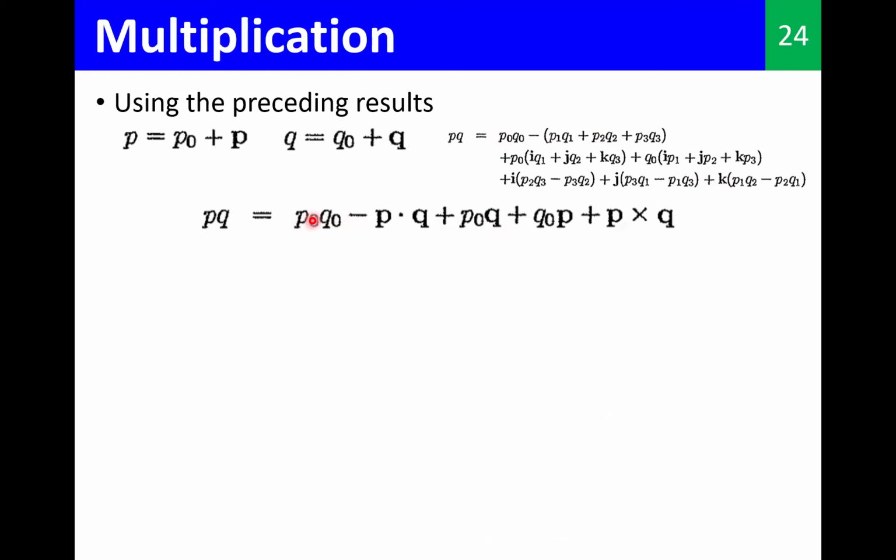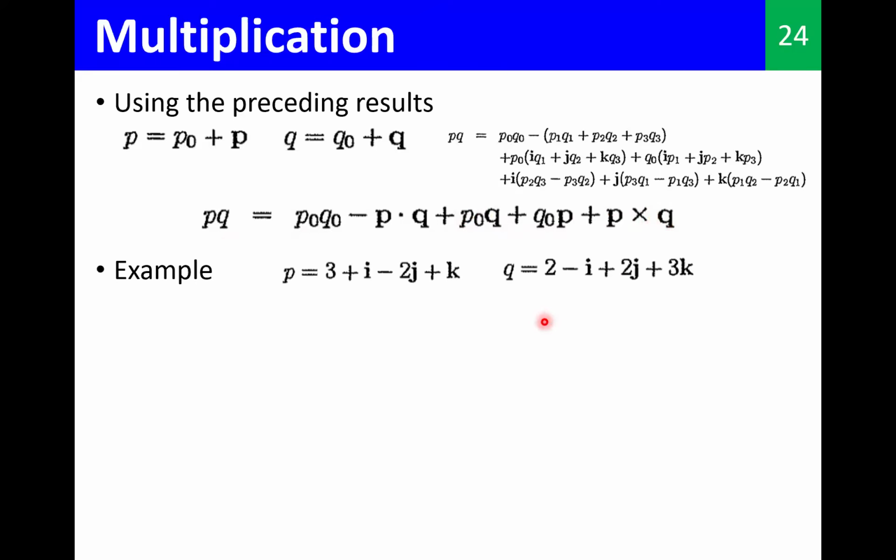You take the two scalars, multiply them, and you subtract the dot product. So this whole thing is the new scalar part. And these are all vector parts. This is the vector part times the scalar part of p, likewise. And finally we have the cross product.